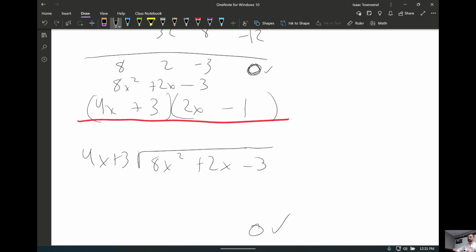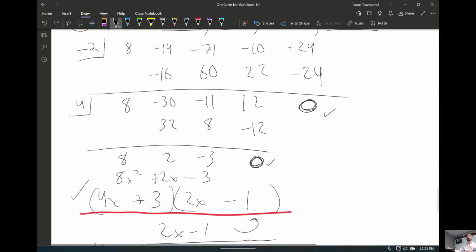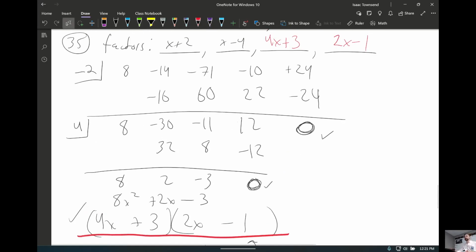But you could see that it also has a remainder of 0, and then you could feel better about that being a factor. And then you could divide out. Well, actually, you don't even have to divide out. When you do that, the leftover one would be 2x minus 1. So that would all but confirm that's the last hidden factor. So just something to think about. Just because you don't have to use synthetic division sometimes doesn't mean that it couldn't help you out.